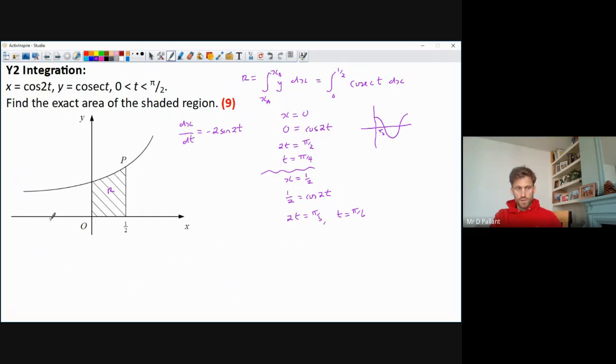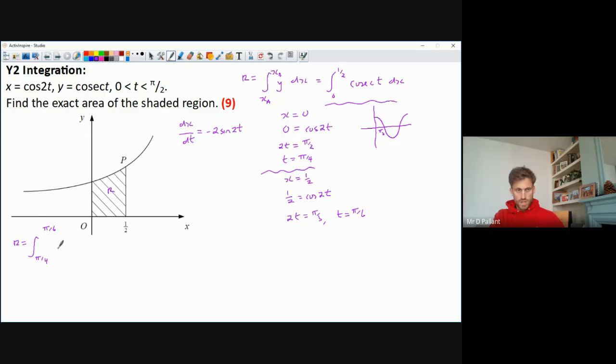So if we put all this together now, the region is the integral. I'm coming back from this step here, but I'm putting in the limits, replacing the dx. So x is 0 gives me pi on 4, and x is a half gives me pi on 6. Again, I've got the smaller value on the top, but you do need to stick with the original direction of the limits.